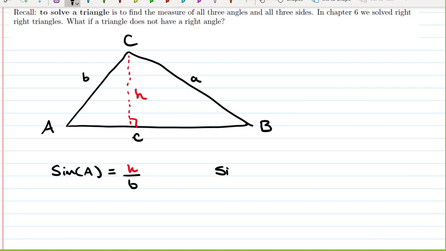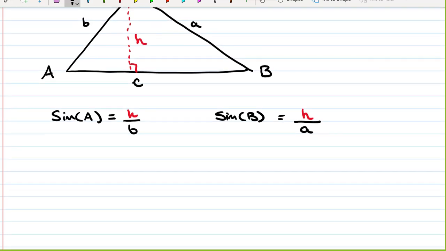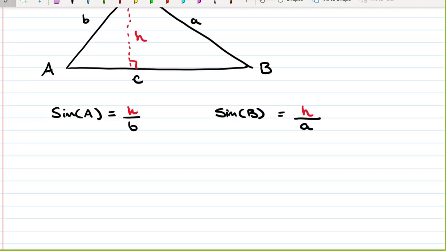Similarly, I could come over to angle B and calculate its sine. The sine of B would be opposite over hypotenuse, so it would also be h over, this time, a. h can be eliminated from this system of equations.